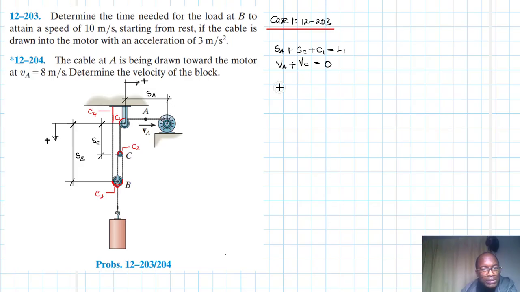So the other one is SB, plus 2 SB minus SC, then plus these constants, which are C1, C2, C3, and C4, equal to L2.